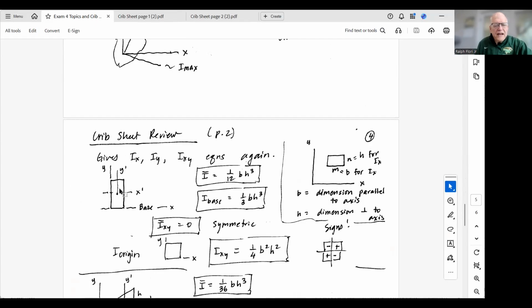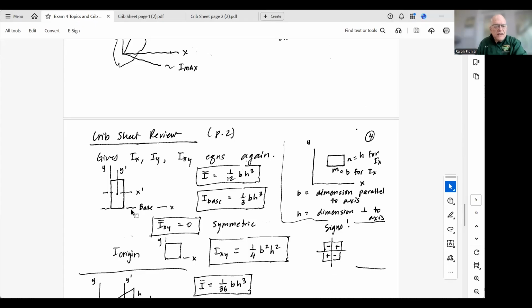So for a rectangle, the I bar is 1/12 b h cubed. The I base is 1/3 b h cubed. It gives you an I bar xy, and that's equal to 0 because it's symmetric about the centroidal axis. He gives an Ixy product of inertia, which I call an I origin form.